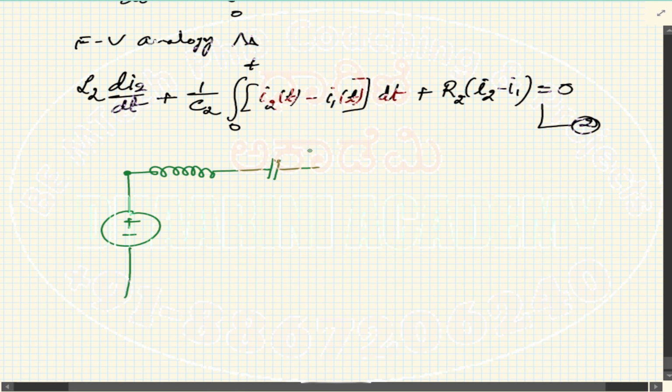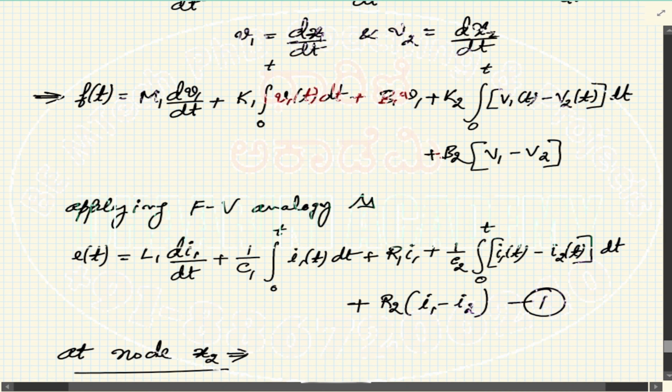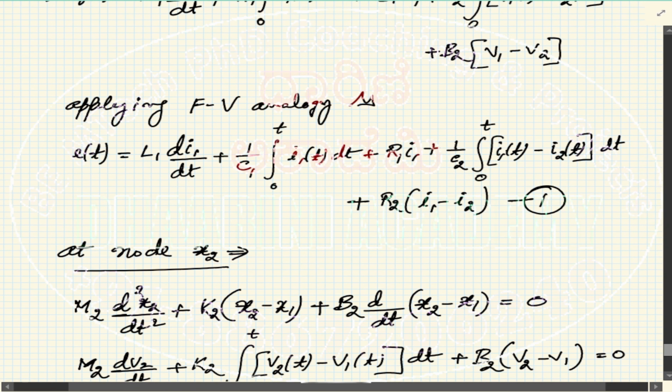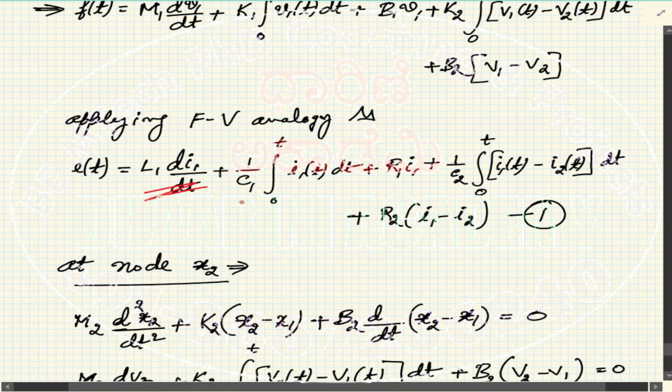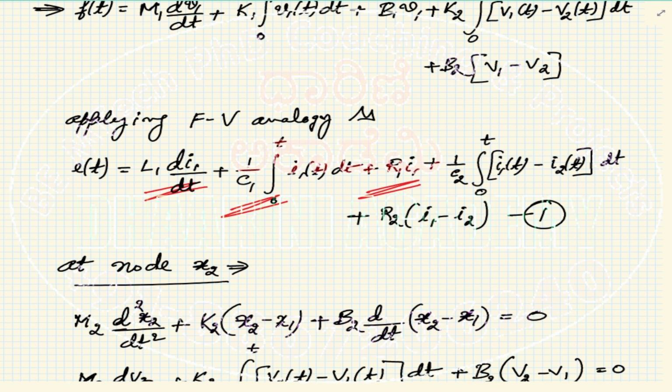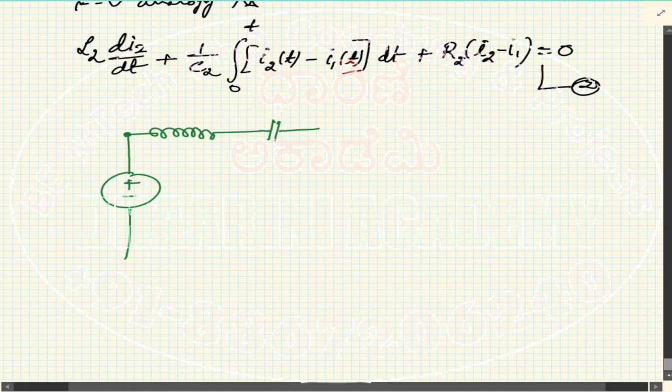Also there is an R1 in the first equation. So the first equation shows three components, L1, C1, R1, which are only present in the first loop. Then I should write C2 and R2 as common components.